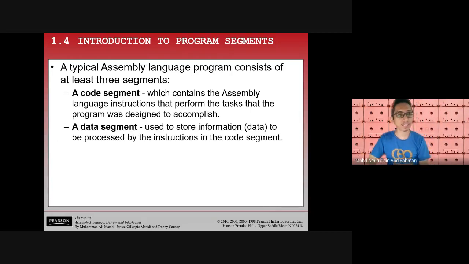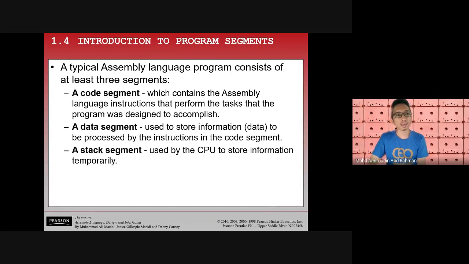Okay, and the data segment, which is used to store the information to be processed by the instructions in the code segment, and a stack segment, which is used by the CPU to store information temporarily.